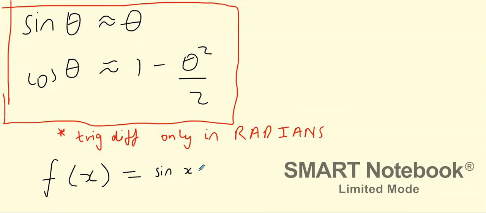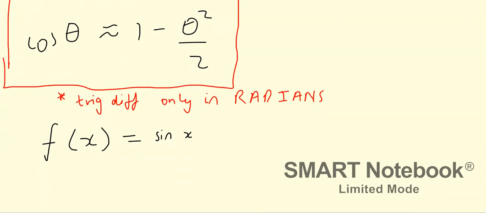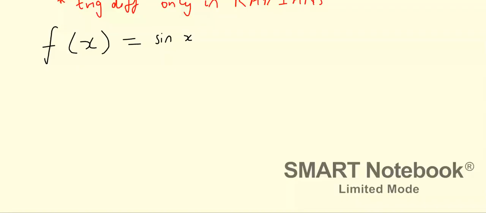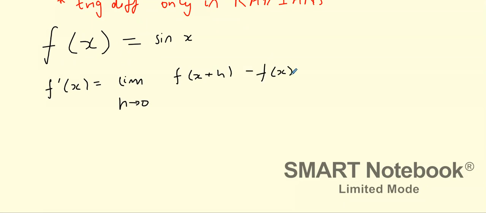Here I want you to try and do this from first principles. My starting point is to say f dash of x equals the limit as h tends to 0 of f of x plus h minus f of x all over h.